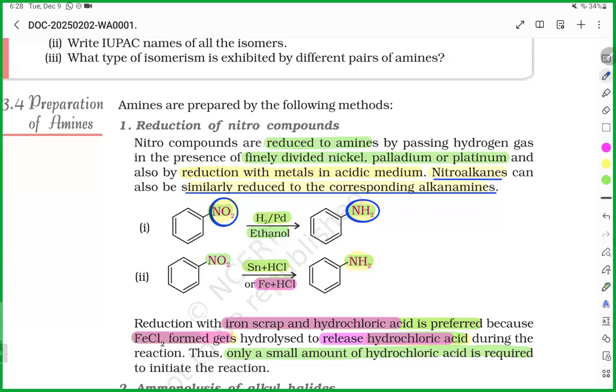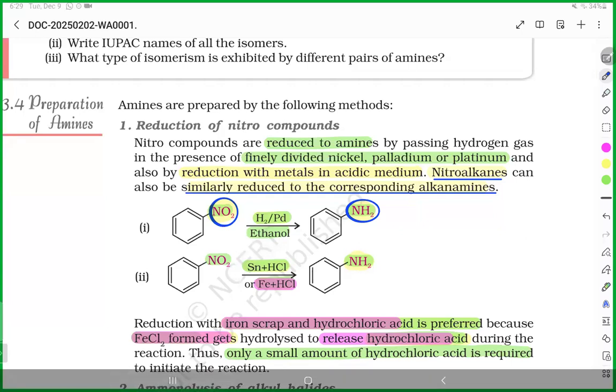Example, if I am asking what are the different criteria of reduction: addition of hydrogen, removal of oxygen, addition of electropositive element or removal of more electronegative element, or decrease in the oxidation number.